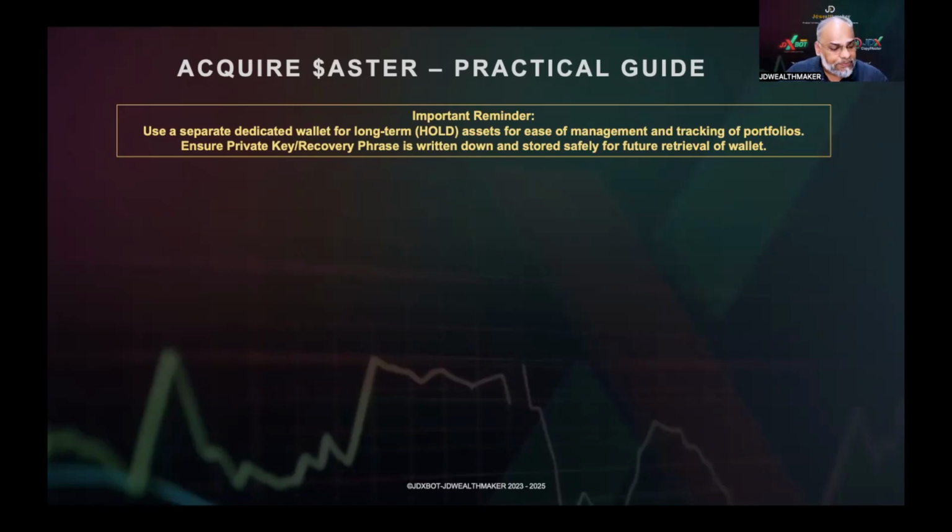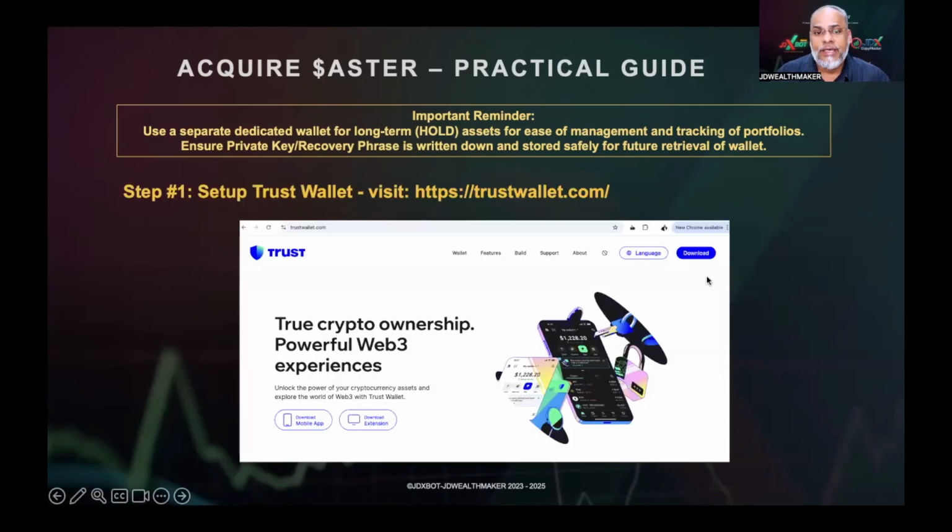The first thing you need to do is set up a Trust Wallet. You can set up another wallet, but I'm just sharing the wallet that I'm using, and for me, Trust Wallet is practical and easy to set up. You just have to visit this website and you will see Download at the top.